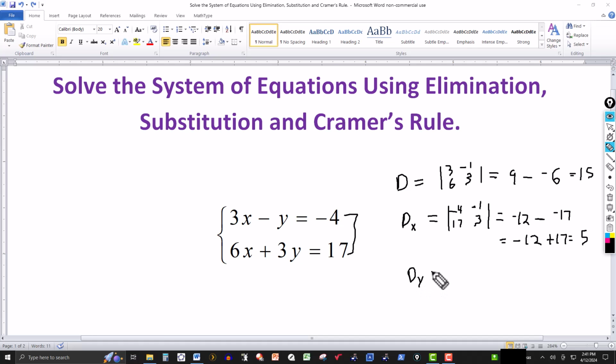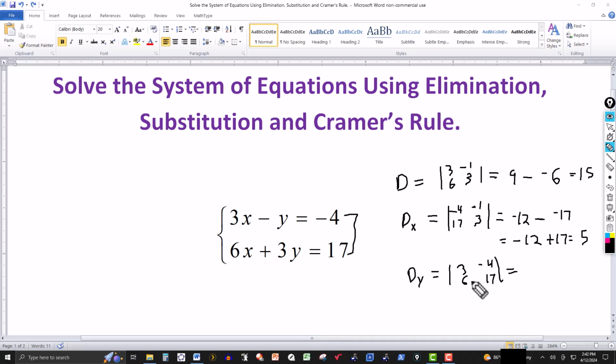Same thing here, except the column involving the y coefficients is replaced by those constants. So this is going to be 3, 6. And again, the second column is replaced by these constants. So this will be -4 and 17. And then we do the same thing.